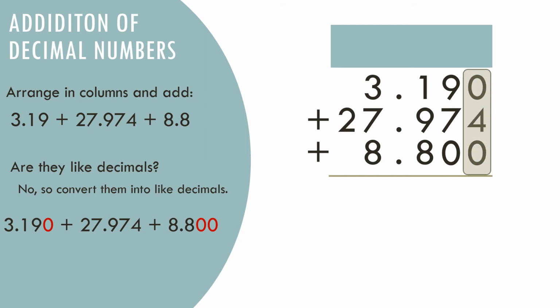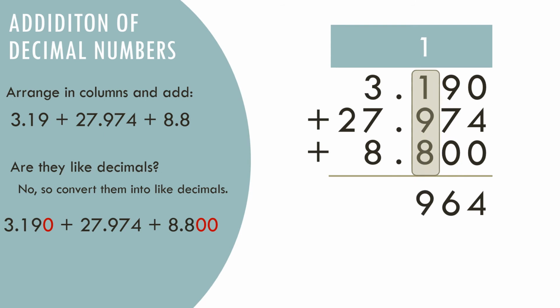Now add 0 plus 4 plus 0 is equal to 4. So write 4 below the line. Then add 9 plus 7 plus 0 is equal to 16. So write 6 below the line and carry 1 to the tenths place. Then add 1 plus 1 plus 9 plus 8 is equal to 19. So write 9 below the line and carry 1 to the ones place.